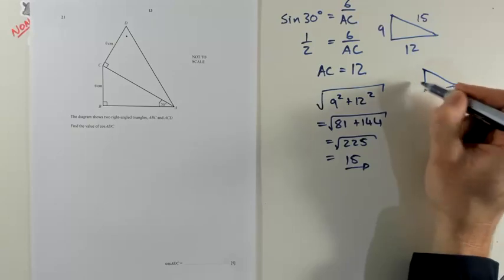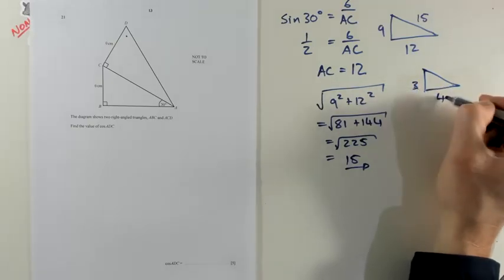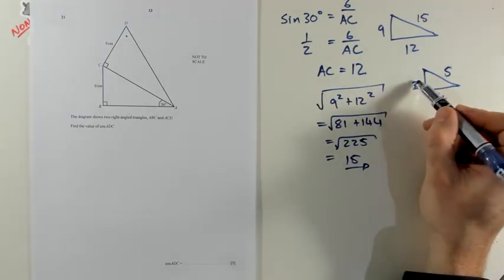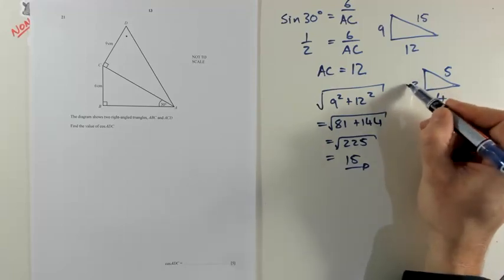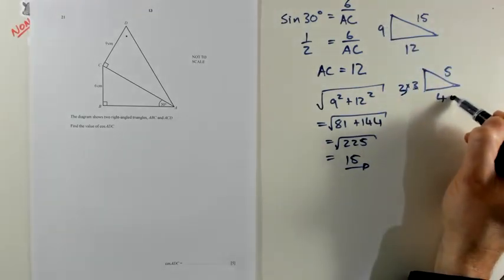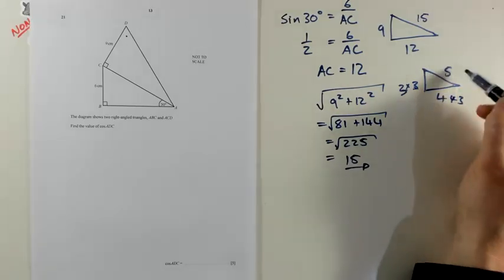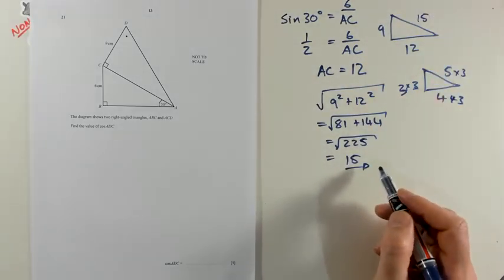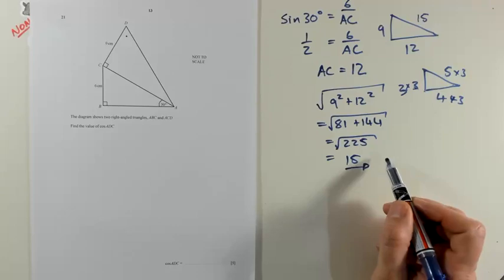How I knew this is that usually if we have 3 and 4, then that would be 5. It's a pattern. So I just saw that this is a similar triangle. 3 times 3 is 9, and 4 times 3 is 12, so 5 times 3 is 15. That's where I got that from. So now we have to figure out cosine ADC.